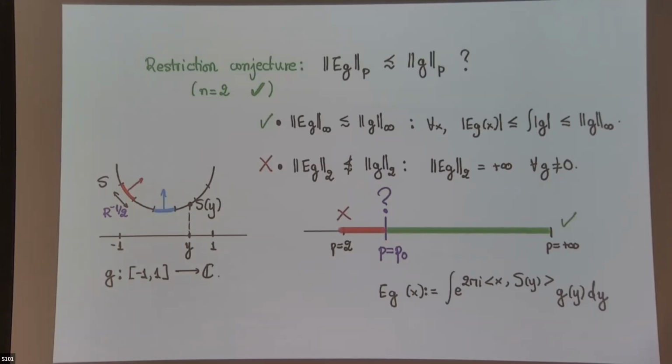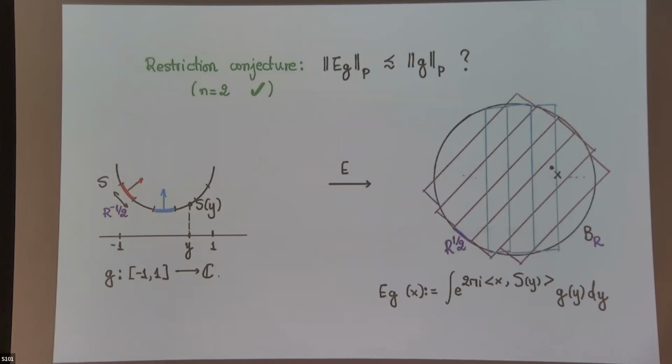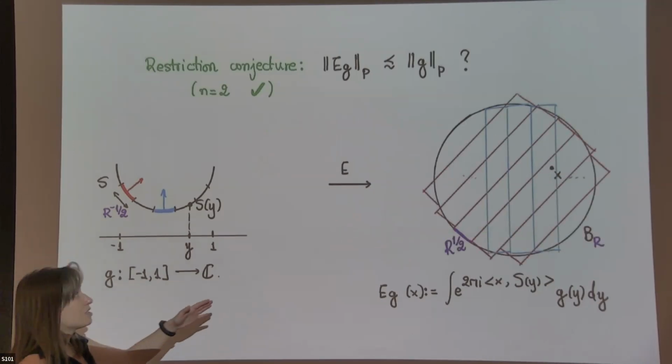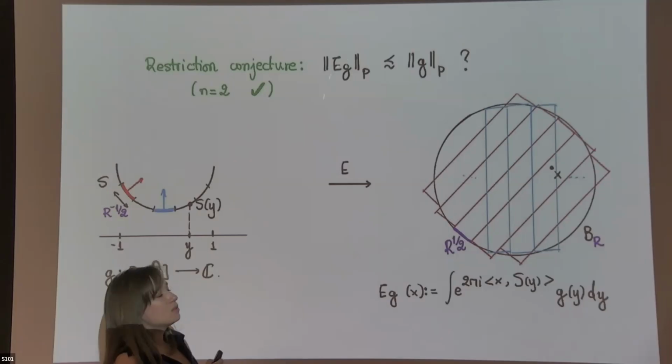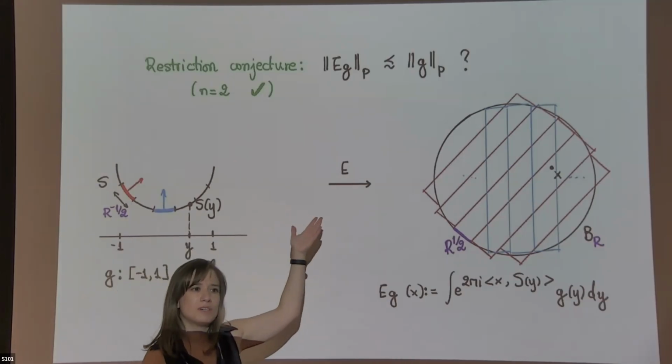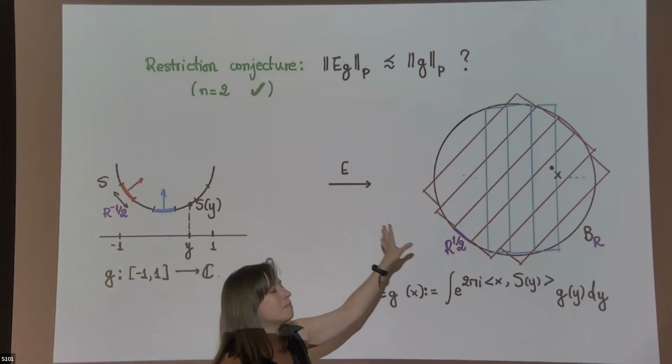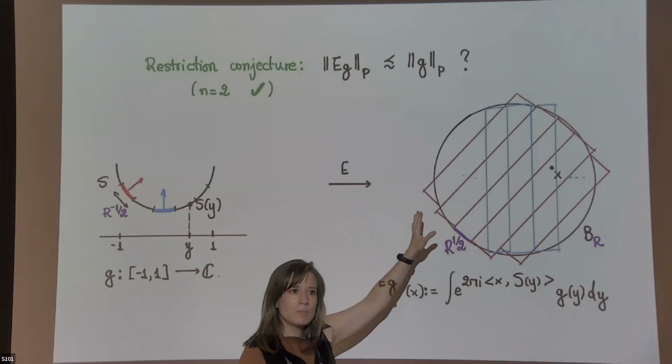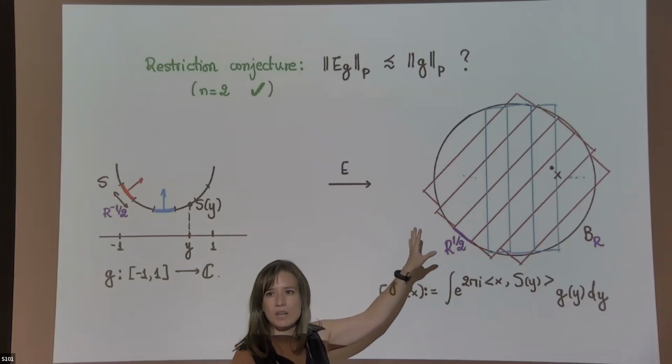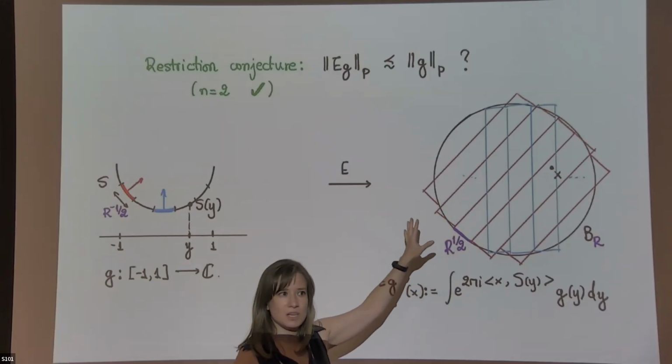Okay. But even if we knew fully that the restriction conjecture holds, it would tell us that it is an estimate on the level sets of the operator, on the size of the level sets. It would tell us that the level sets of the operator can't be very big. So the operator can't be big at too many points. But it wouldn't tell us anything about how the level sets are distributed in space.